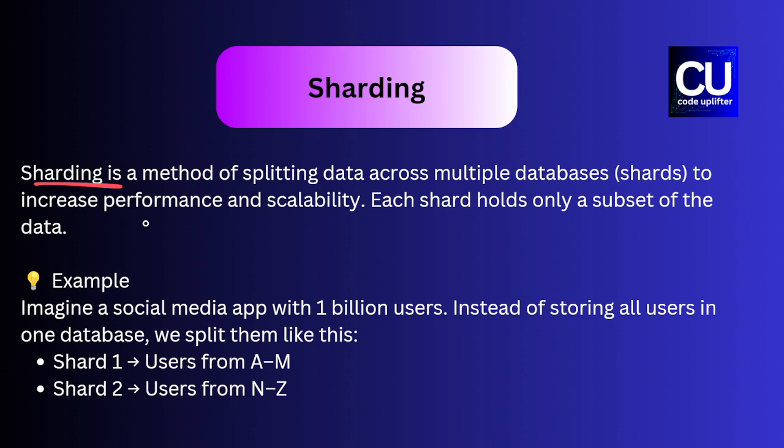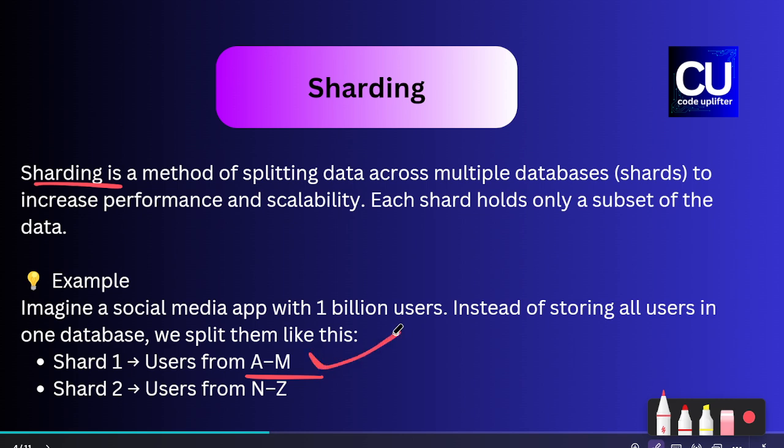Let's say, for example, you want to store users. Now users' names can vary from A to Z, and let's say you think that okay, now my user size has really grown and I need to store users' names starting with A to M in shard 1 and N to Z in shard 2. That you can definitely do.